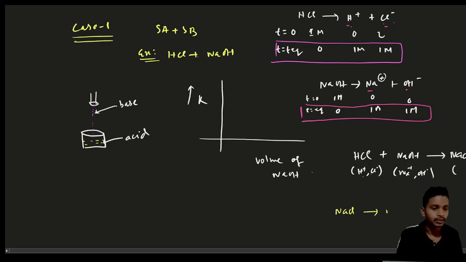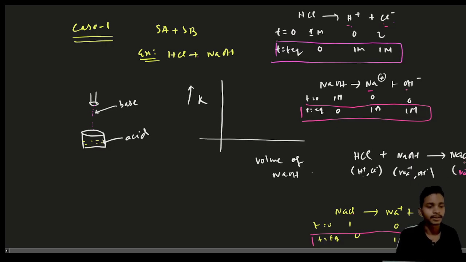So this is completely dissociated into Na plus and Cl minus. At t equal to 0, it is 1 molar, 0, 0. At t equal to t equilibrium, it is 0, 1 molar, 1 molar. So in the solution, NaCl is not present as such, only the ions Na plus and Cl minus are present.